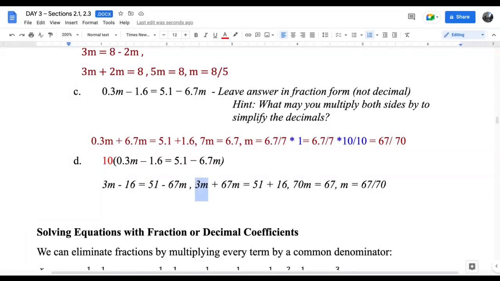Now we move things around. Right? We'll move m terms together. We'll move the constants together. We add up, get this. Then divide by 70, so we get the same answer. Okay, this is just another way of solving equations that involve decimals. Any questions?